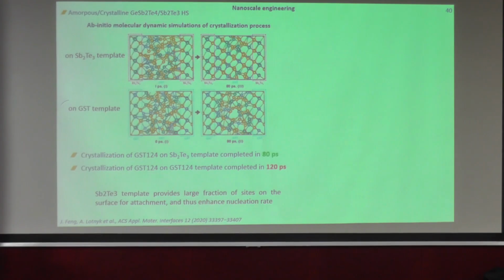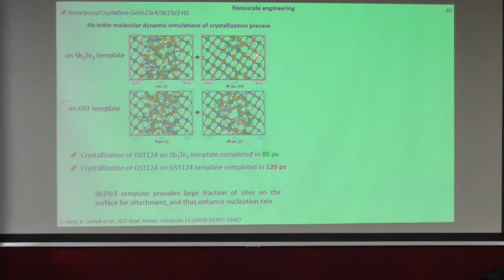Then you can think that this antimony telluride acts like a template for crystal growth. You can also think that if you change this template, taking GST instead of antimony telluride, just for comparison, to see if there are maybe some differences.